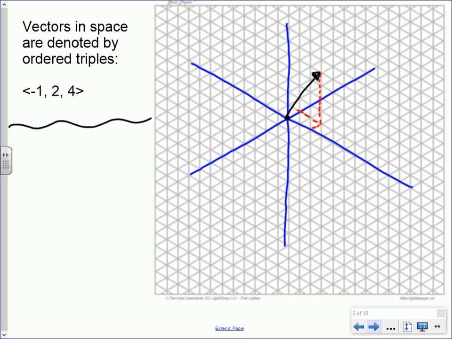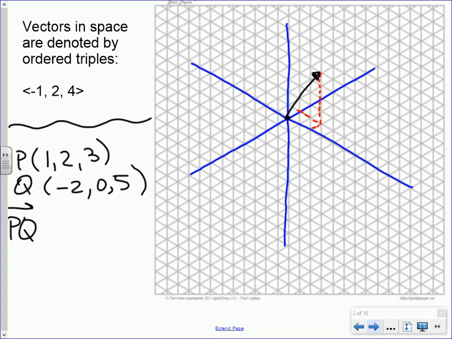If I said point P is 1, 2, 3, point Q is -2, 0, 5, how would we get vector PQ? Layton says add them.